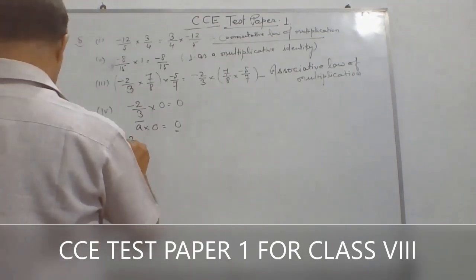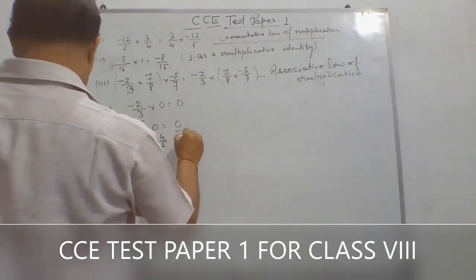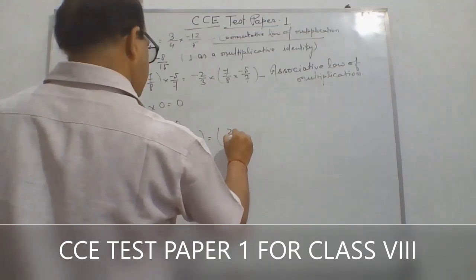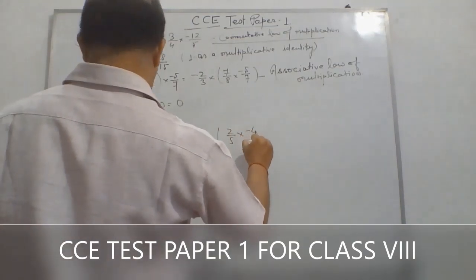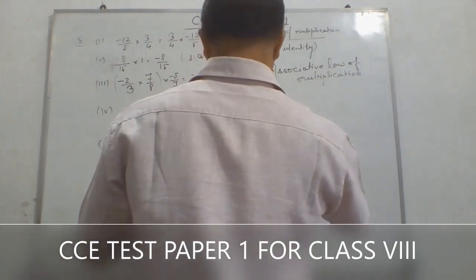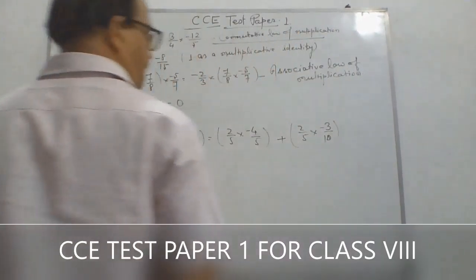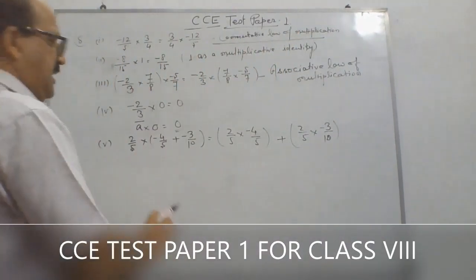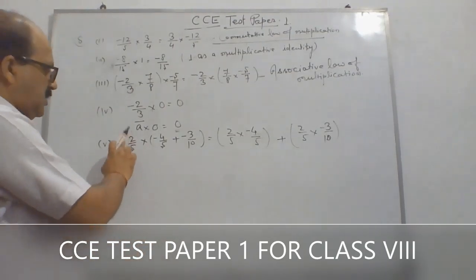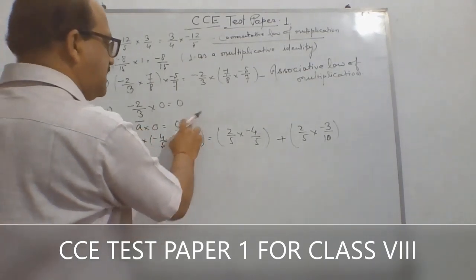2 by 5 into minus 4 by 5 plus minus 3 by 10 is equal to 2 by 5 into minus 4 by 5 plus 2 by 5 into minus 3 by 10. This is multiplication over addition. 2 by 5 into, under bracket, minus 4 by 5 plus minus 3 by 10.